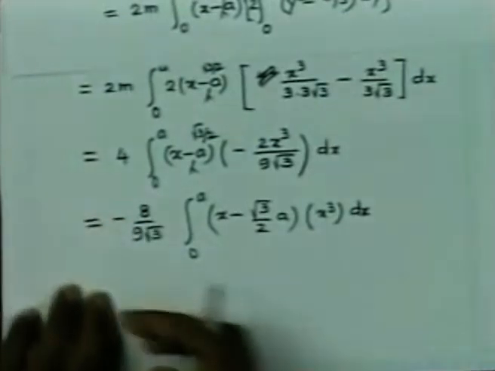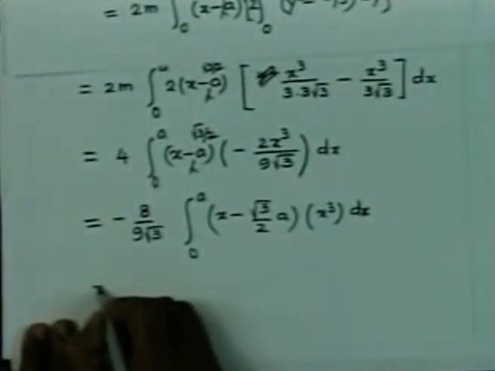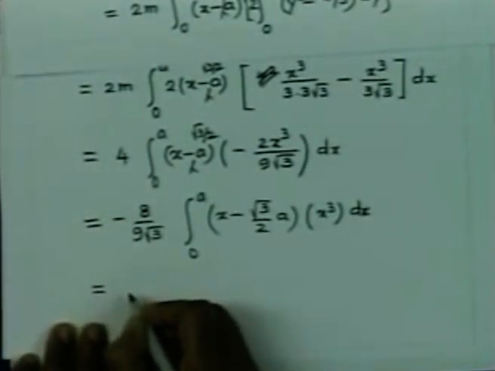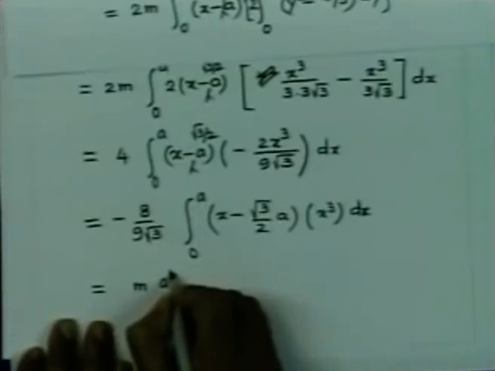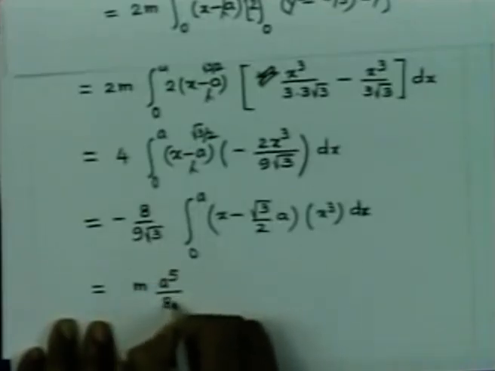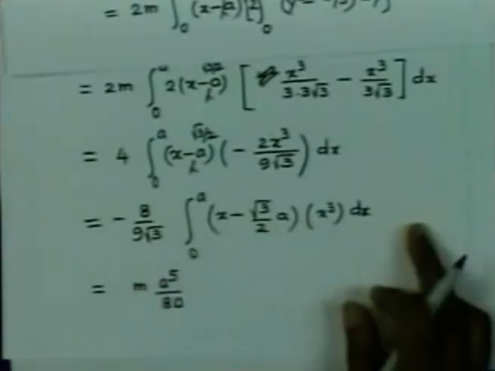Once you do all this, now the integration is straightforward. So, I would not like to carry on doing it for you. So, this will give us finally, it is m a to the power 5 divided by 80. So, further integration will give you this quantity.